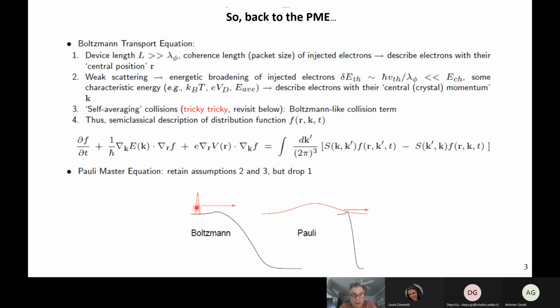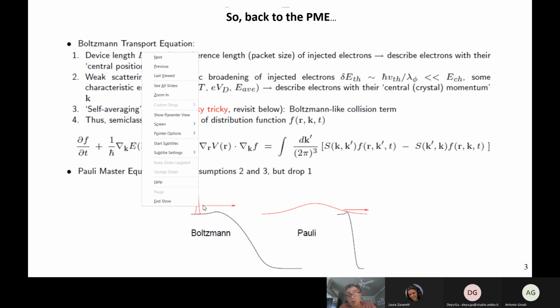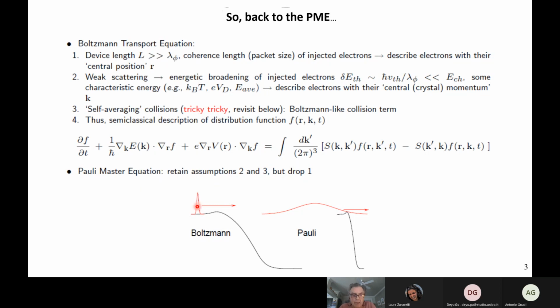It's also very localized in momentum space because the energies that you're dealing with are much larger than the energy spread, the momentum spread that translates into an energy spread of the electron.